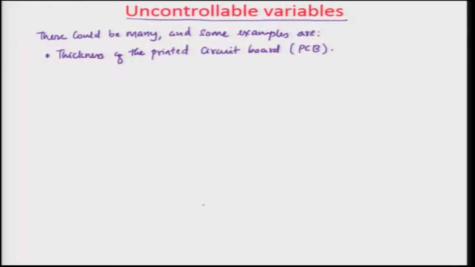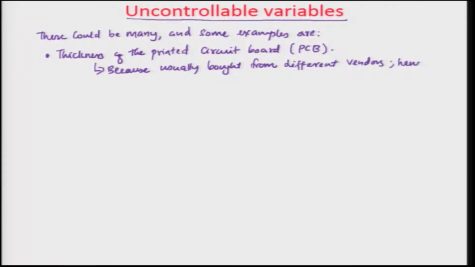You would obviously think, why is this an uncontrollable variable, why is this not a controllable variable? It is uncontrollable because it is usually bought from different vendors, hence different size, hence different thickness. So, since you mostly buy these PCBs from different vendors, you will probably get them in different thickness, and depending upon the thickness, it might impact the soldering or the amount of solder that is required, right?